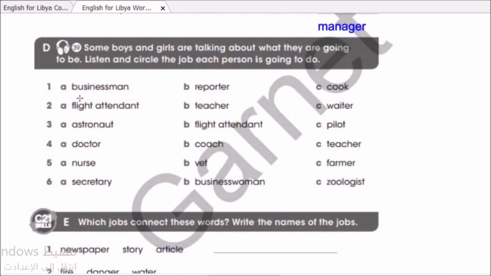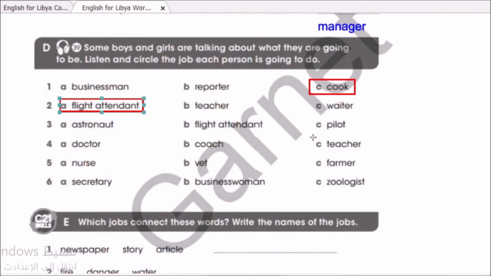Number 1, did we talk about businessman, reporter, or cook? Very good. It's a cook. Good. Number 2, a flight attendant, teacher, waiter. Very good. Flight attendant. Number 3, astronaut, flight attendant, pilot.